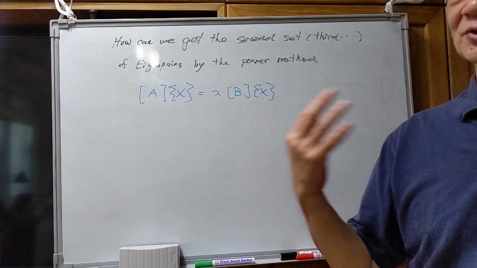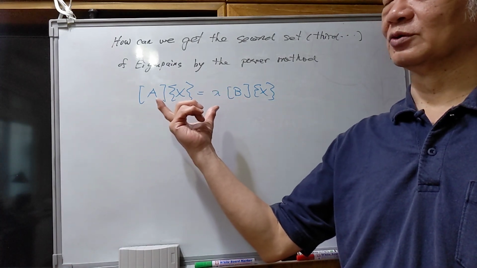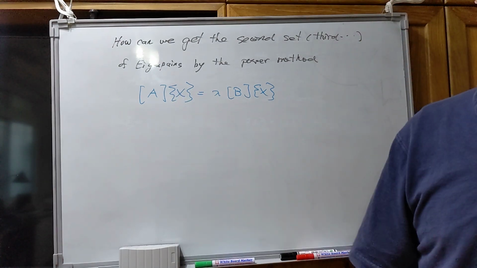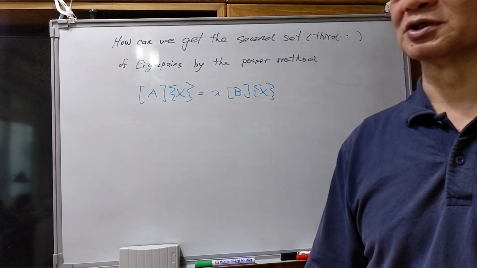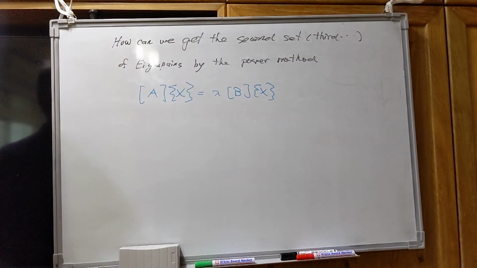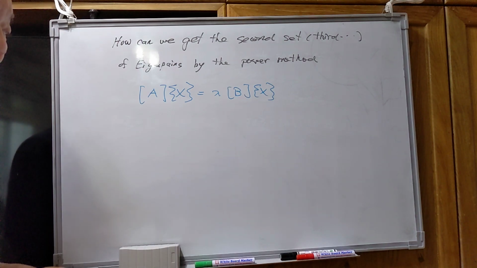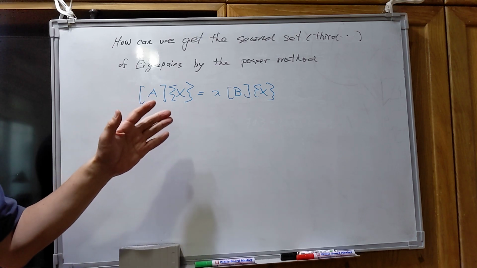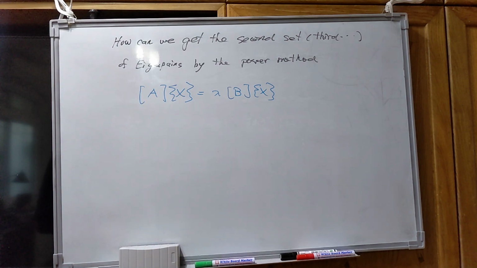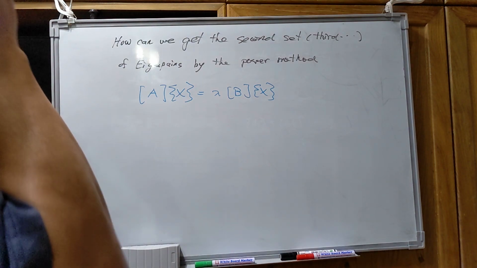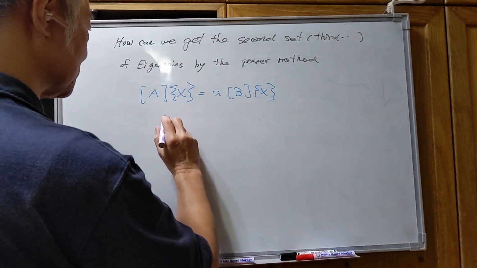Okay, so right now we will assume we know the A matrix and the B matrix, and if we use the power method or the inverse iteration method, the inverse iteration method is usually the one we choose to solve the problems, and then we can get the first pair.